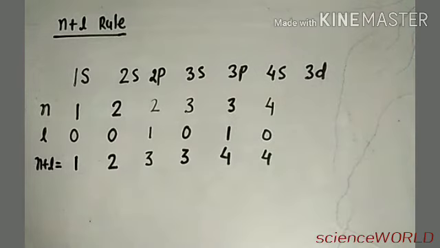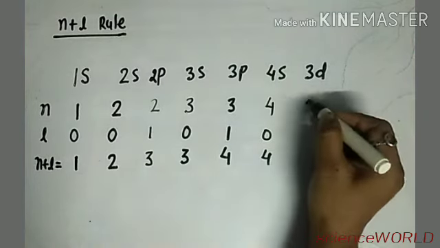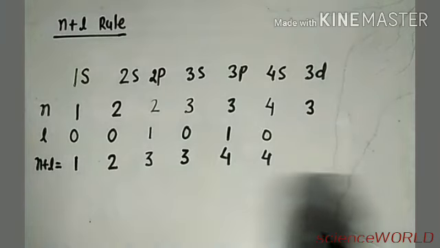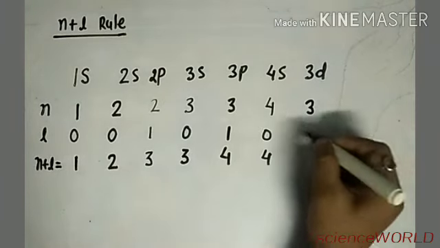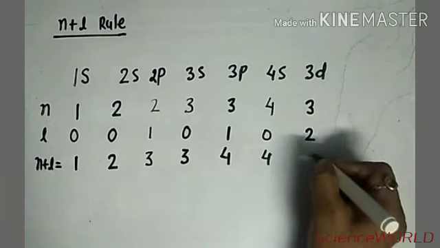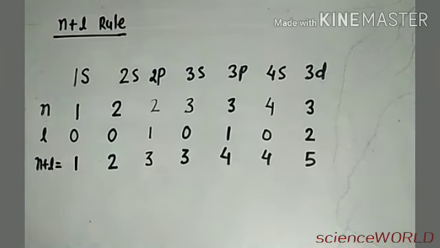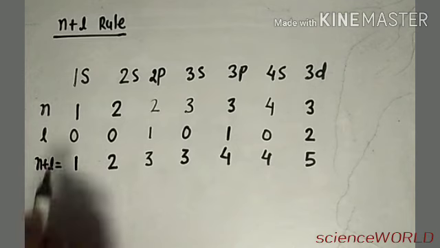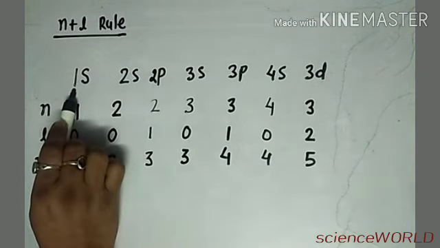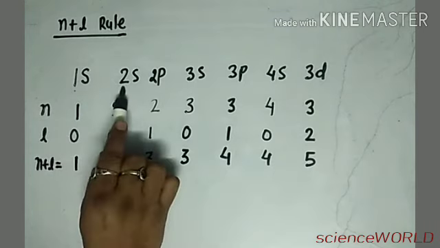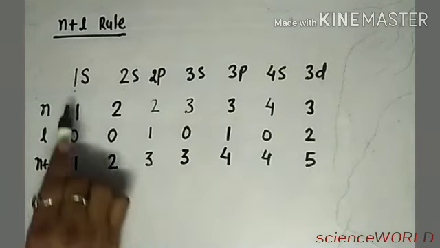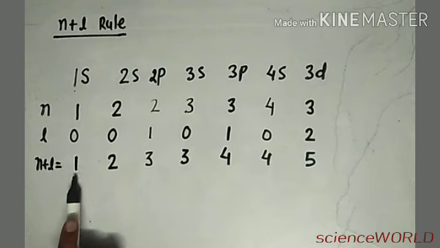And in the last one, 3d, the n value is 3, and for d orbitals the L value will be 2, so it comes 5. Here you can say that the electron has to fill first in 1s, because the n plus L value for 1s is 1, which is lesser.